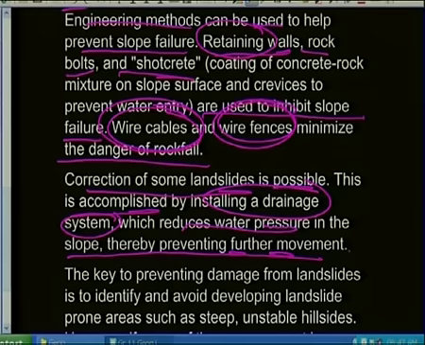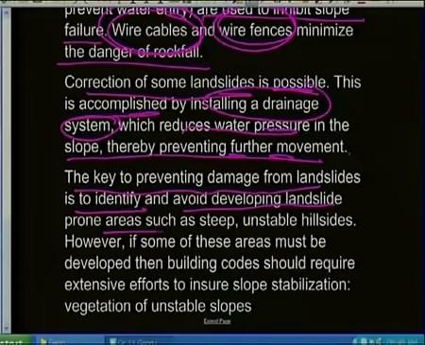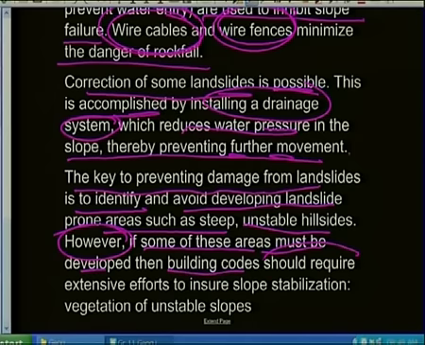The next aspect is that the key to preventing damage from landslides is to identify and avoid developing landslide-prone areas, such as steep, unstable hillsides. However, if some of these areas must be developed, then building codes should be required.